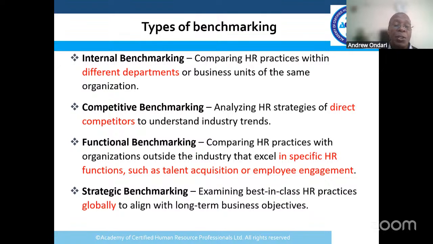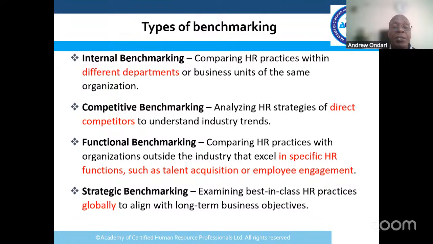For instance, somebody might want to focus on learning and development only within the HR function. So we develop programs targeted at those employees who are interested in learning and development. Others could be interested in talent management.